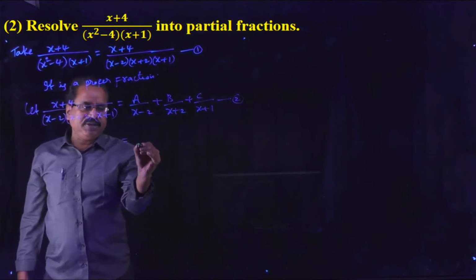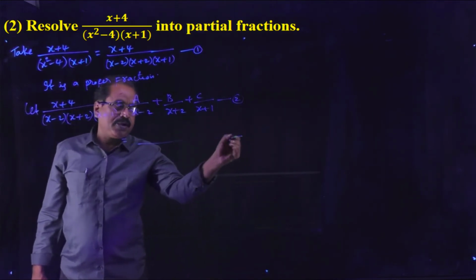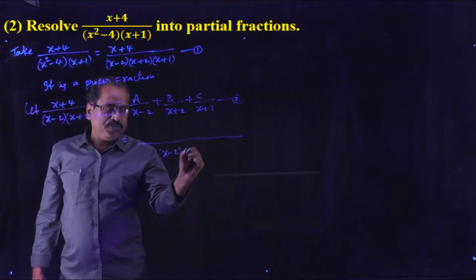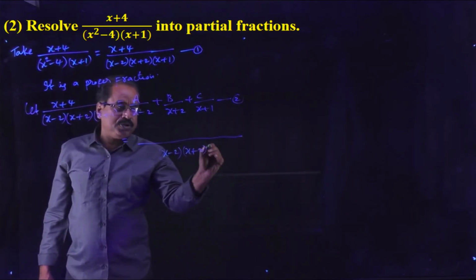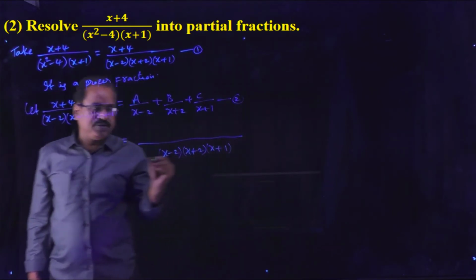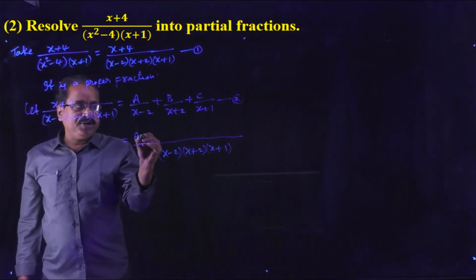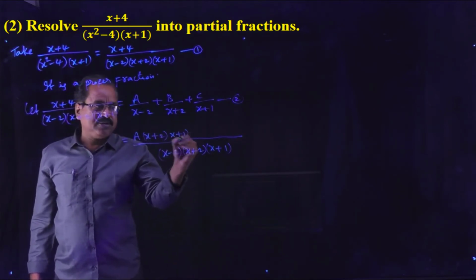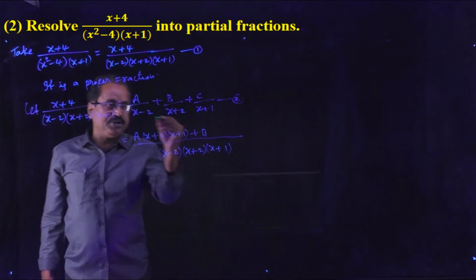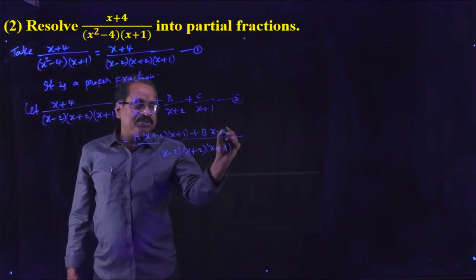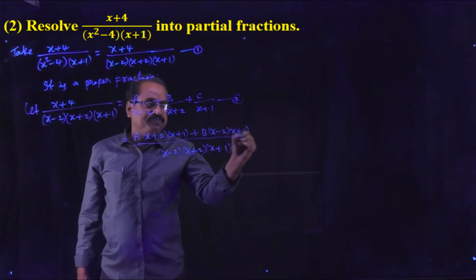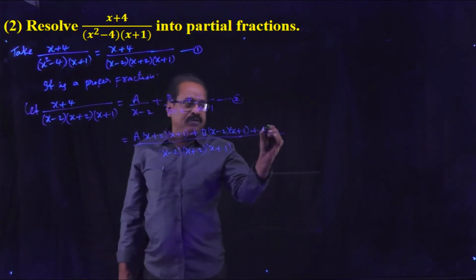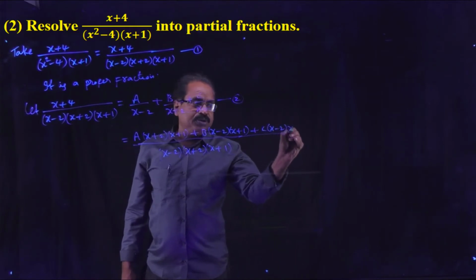Here LCM is (x minus 2) into (x plus 2) into (x plus 1). So, a into (x plus 2) into (x plus 1) plus b into (x minus 2) into (x plus 1) plus c into (x minus 2) into (x plus 2).